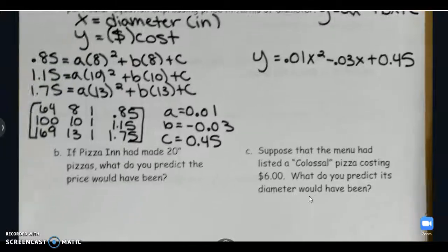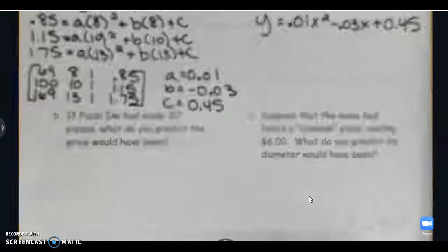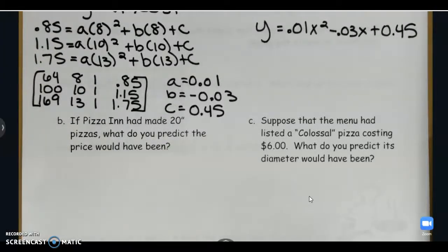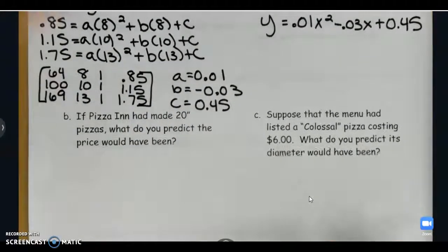You can either use matrices or you can use the quadratic regression. So now that we have this equation, for part B we can answer, if Pizza Inn made a 20-inch pizza, what would the price have been? So remember, our x value is the size of the pizza. So we can plug in 20 to our x's here to find the price.